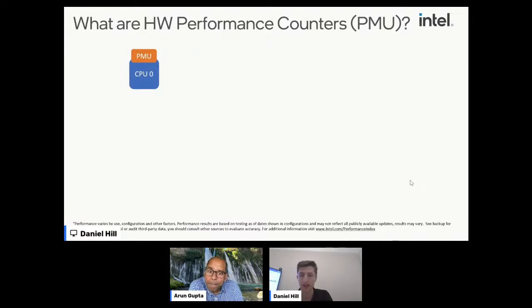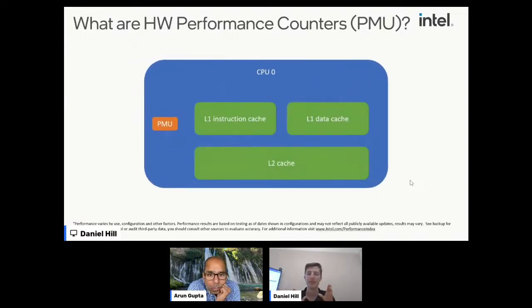Cool. So if you look at just one CPU, and this PMU is hooked into this CPU, most people, when they think of a CPU, if they're technical, know there's an L1 cache and an L2 cache, and some people even know that there's sometimes a split of an instruction cache versus a data cache in the L1 or even the L2. And this isn't a specific CPU.